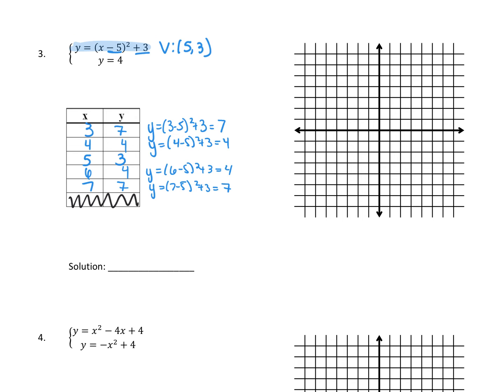And again, we can plug those in the calculator. I'm just writing them out by hand. So now let's plot those points: (3, 7), (4, 4), (5, 3), (6, 4), (7, 7).